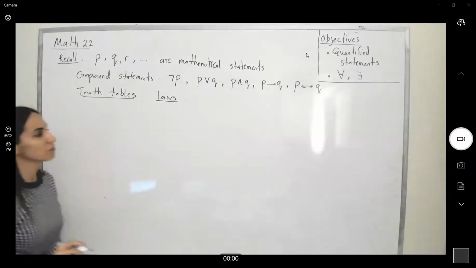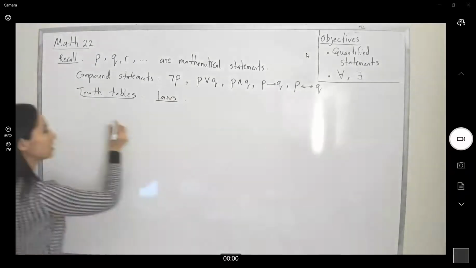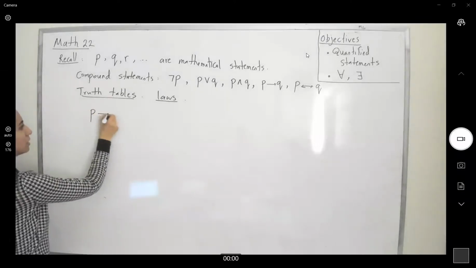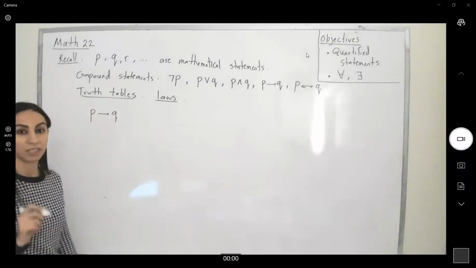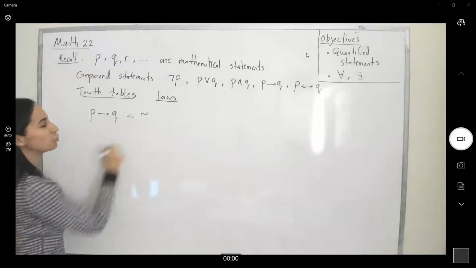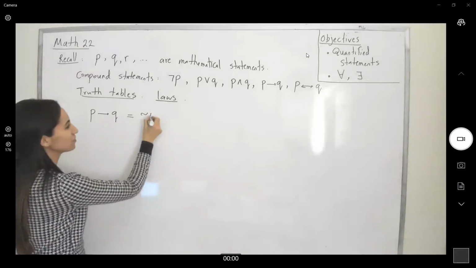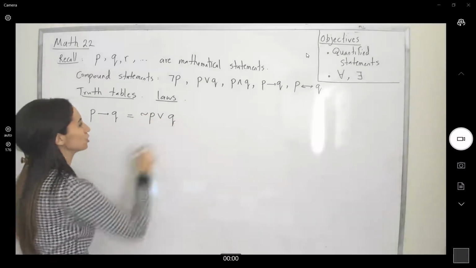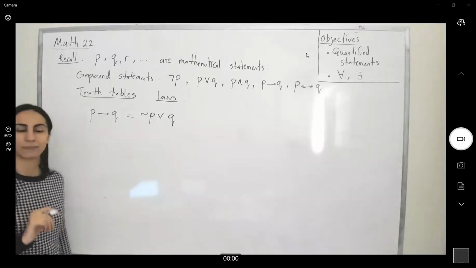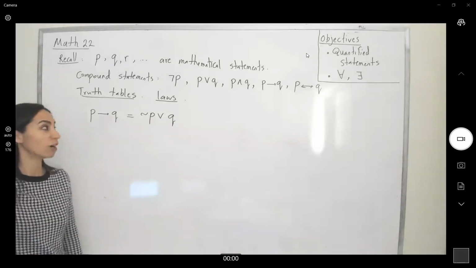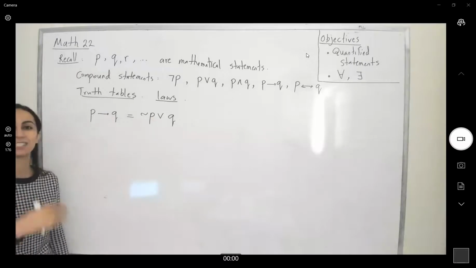Very well. So what is important about P then Q? It was equivalent to not P or Q. Now I expect you to ask, what if I want to find the negation of P then Q?